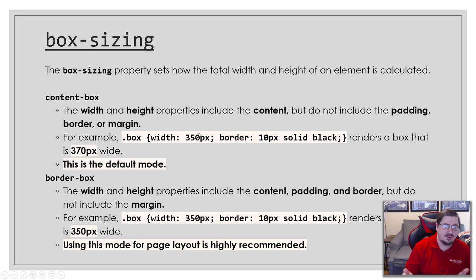Well, in reality, it will actually render it as 370 pixels wide. Because remember, the content is 350, add 10 for the left border, add 10 for the right border. Together you get 370.